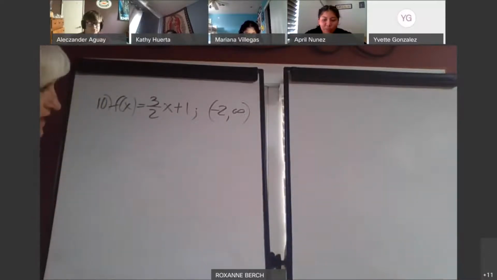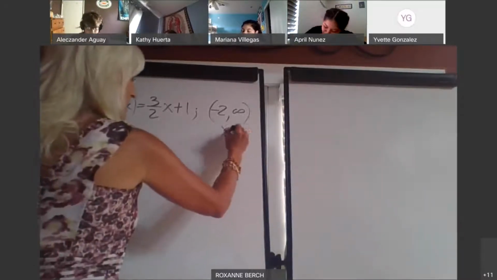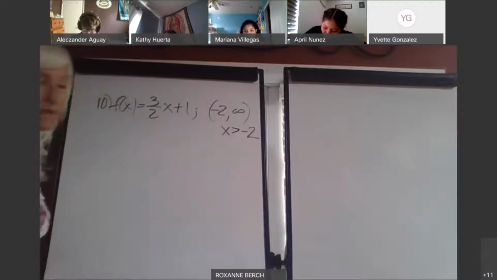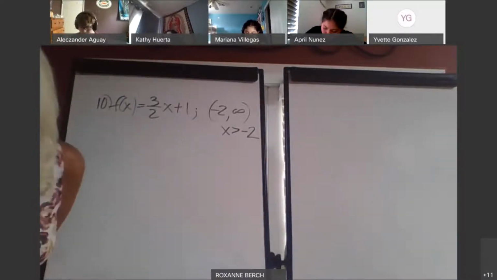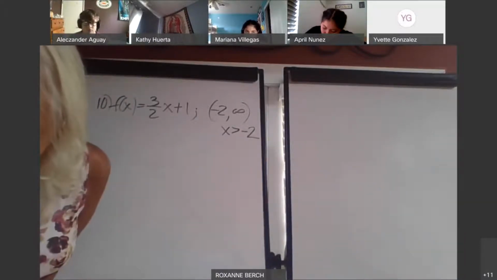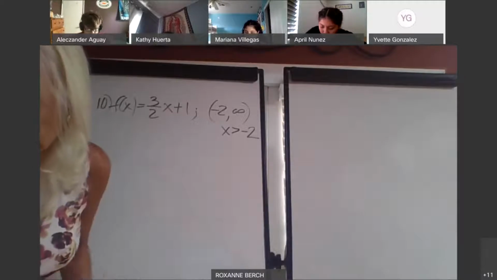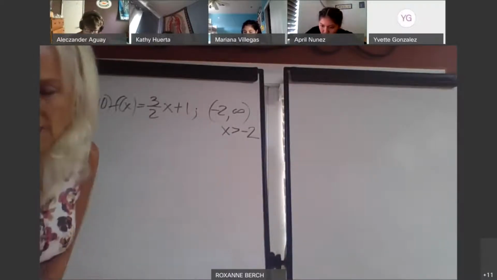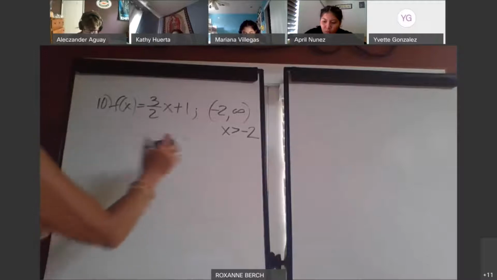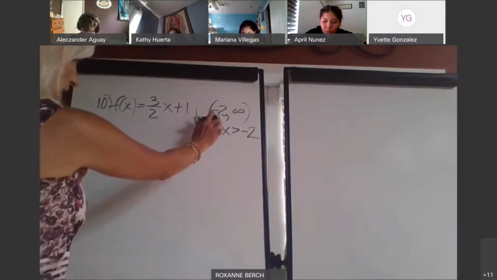So that's x greater than -2, right? Now, we're still in lesson 1-1, so they're asking you to use the same notation as the book, so whatever. Eventually, we'll be using only interval notation.